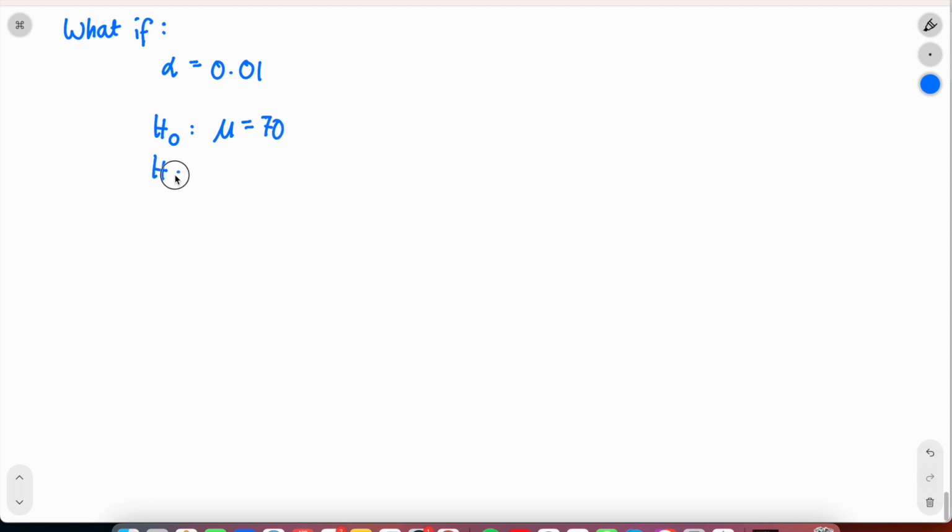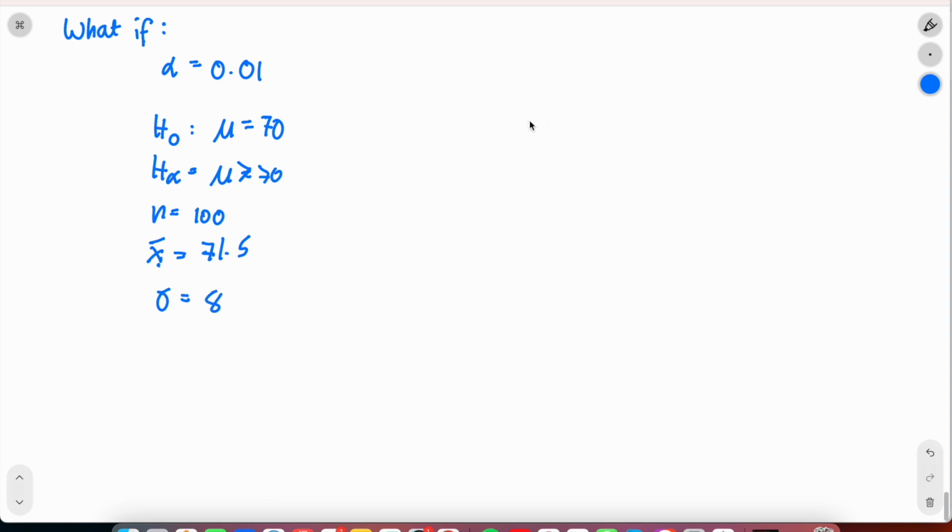Let's use this, mu is greater than 70, and our n should be 100, and it should be greater than 30 since we want to use z. So our x bar, let's say again 71.5, and our standard deviation sigma is 8.